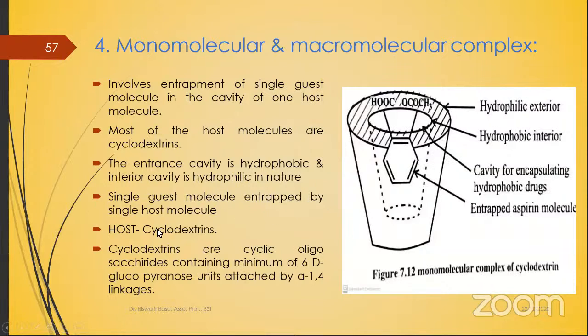Single guest molecule is entrapped by single host molecule, and here the host is cyclodextrin. So what is cyclodextrin? It is a cyclic oligosaccharide which contains a minimum of 6 D-glucopyranose units which are attached by alpha 1,4 linkage.